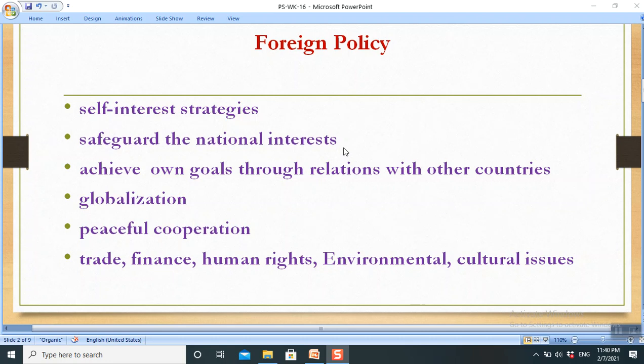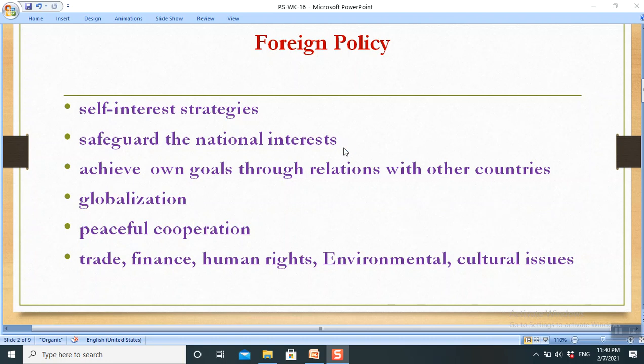In simple words, a foreign policy is those principles chalked out by the experts and the authorities of the state who envision the needs of the state and the interests, and likewise they sustain relationships with the other countries.